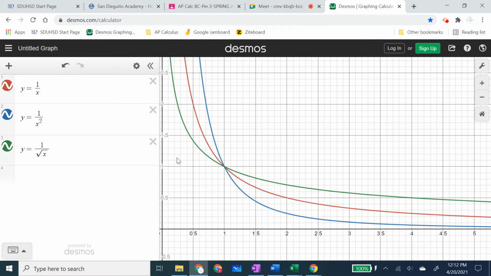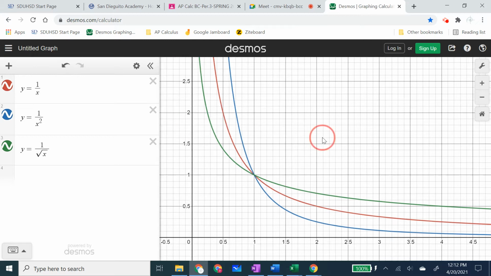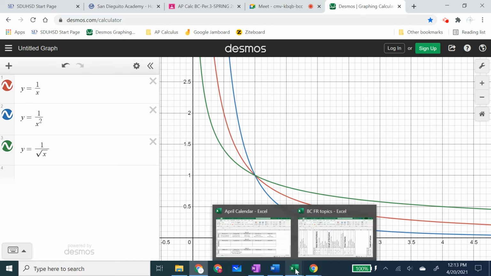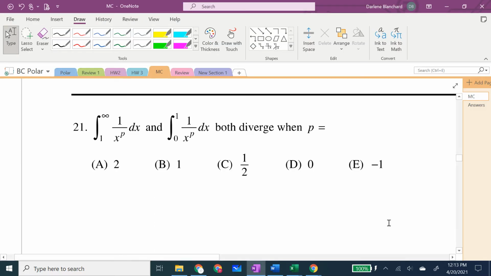If you are integrating from 0 to 1, then having the P be less than 1 is actually converging, greater than 1 is actually diverging. Do you see that in the picture? It saves you time if you are aware of that, and that's why the answer should be just 1.